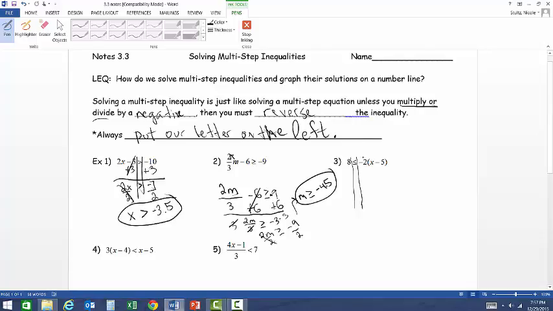Right, number 3, our first step should always be distributing. And I do notice that my variable is on the right, so I will have to do the swap flip trick at some point. Negative 2 times x is negative 2x. Negative 2 times negative 5 is a positive 10.